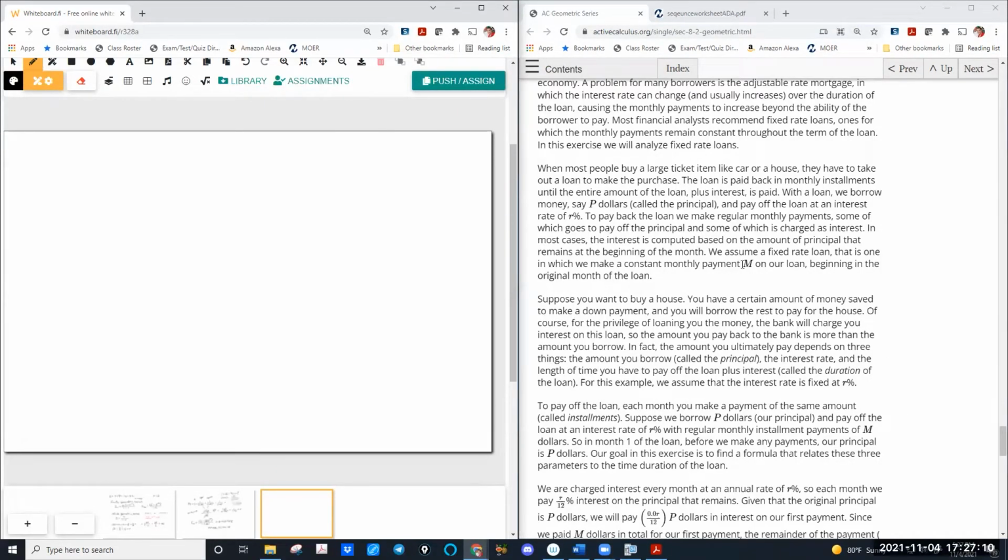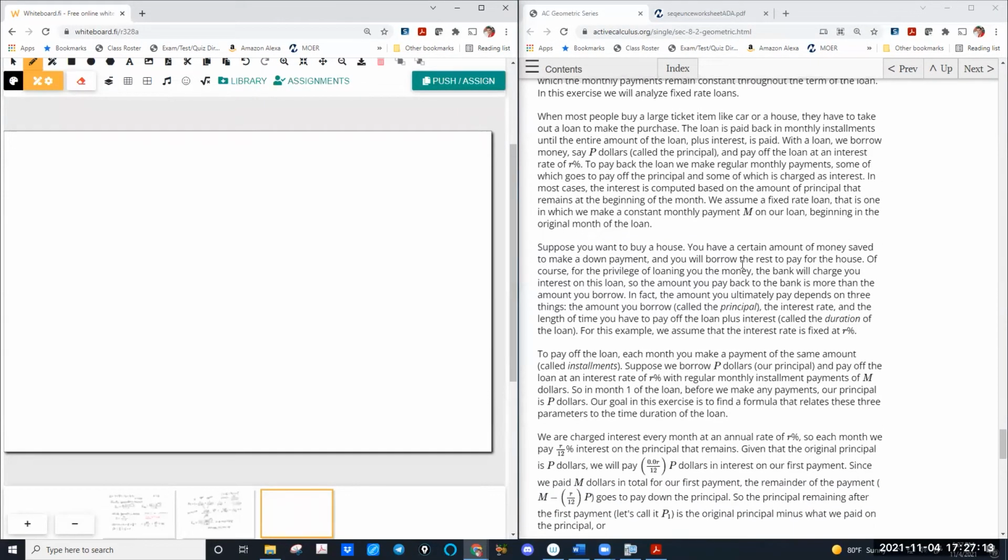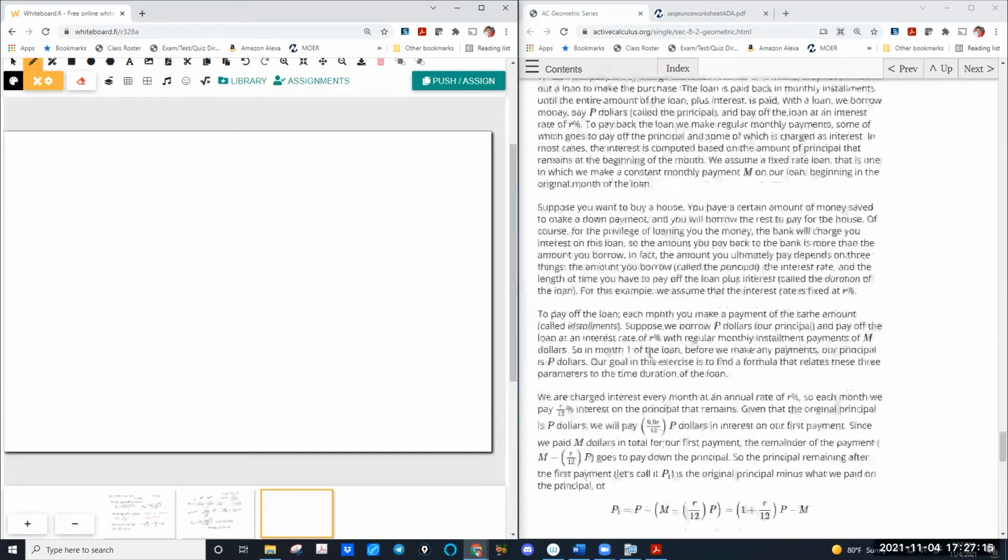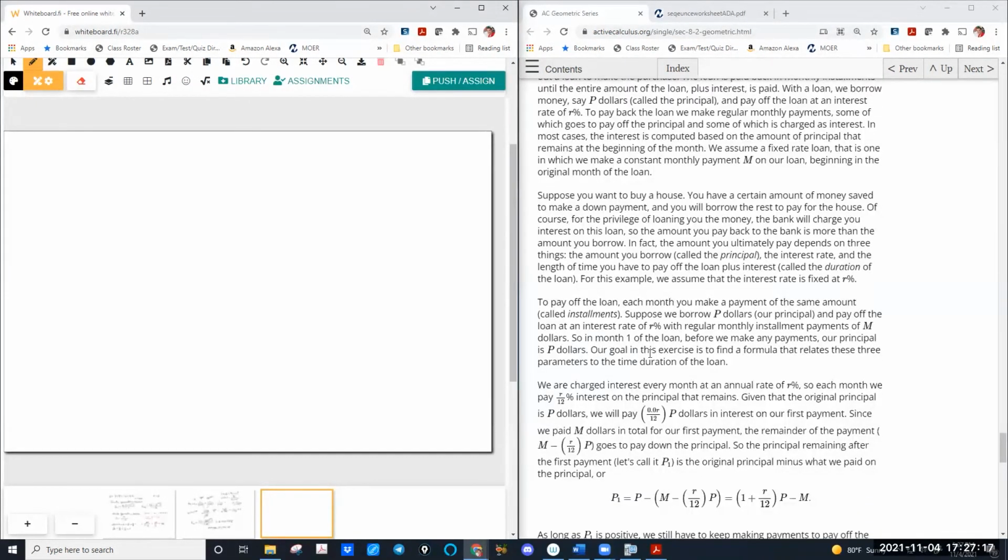We'll call those M. All right. So what happens in this, and some of you guys have probably already experienced this, whether you bought a house, bought a car, right? You have a fixed payment that you pay every month, and the interest you pay is based on the principal at the end of the month. So as your principal goes down, the amount of interest you pay goes down.